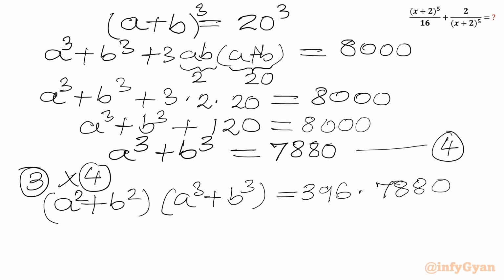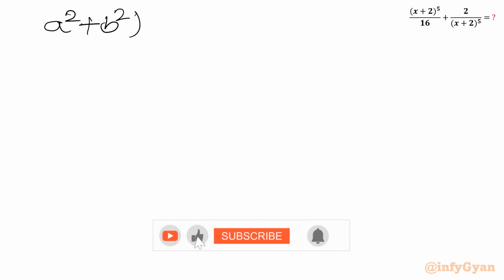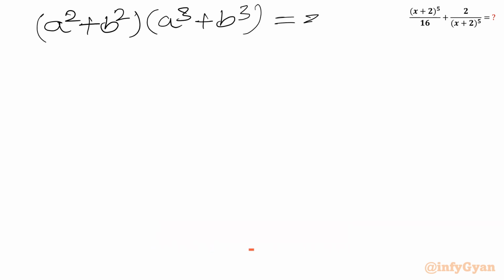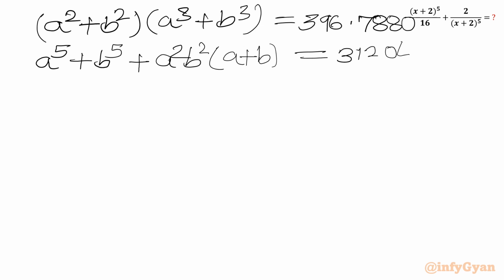Now I will multiply. Let's multiply: a power 5 plus b power 5. Cross product will give us a square b cube plus b square a cube. So a square b square is common in the bracket (a plus b). And the right hand side will be a very big number, 3120480.